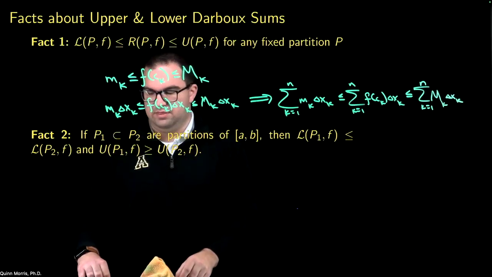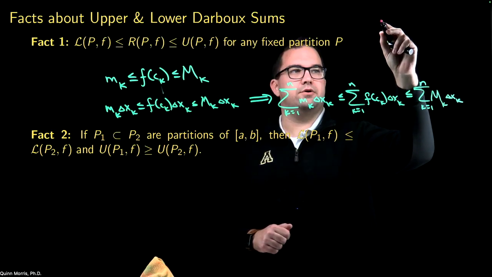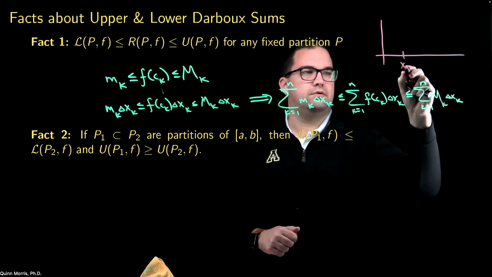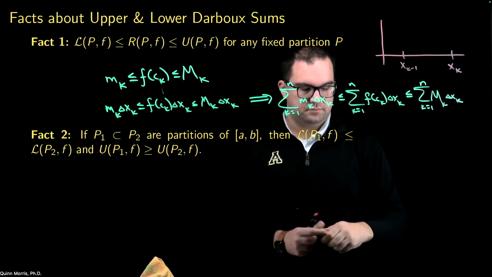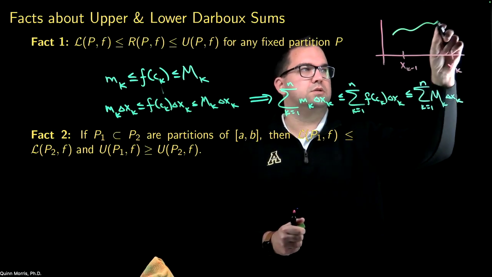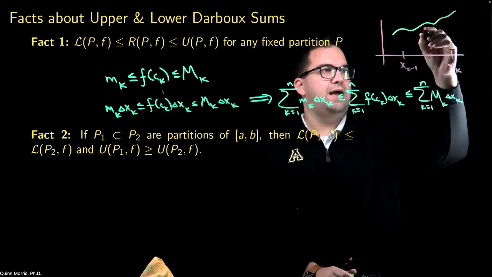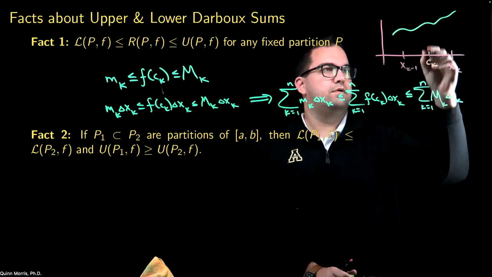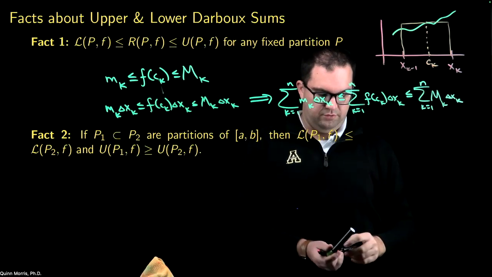Visually, you can think of this as follows. If I were to sketch a picture here, I have my function, and just imagine I'm looking at the kth subinterval, and suppose my function looks like this. If I have a particular tag value sitting somewhere here, then the Riemann sum would be represented by this rectangle.